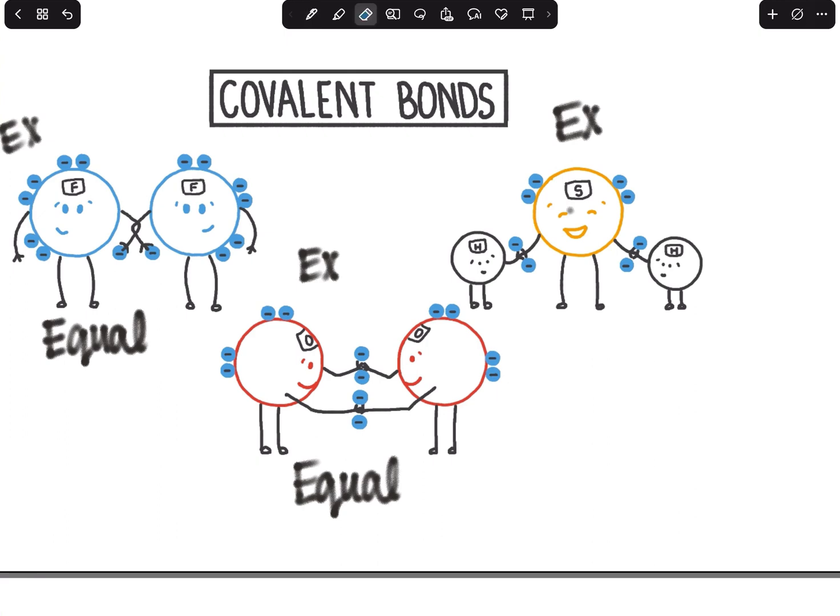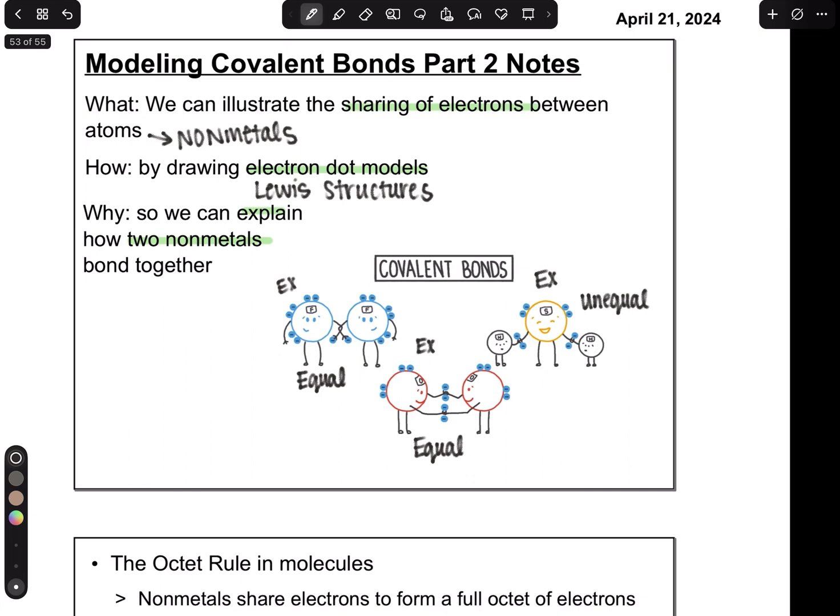And what I'm clearly seeing is that there is sharing going on, but sulfur has access to more electrons than the hydrogens do. In other words, there's an unequal amount of sharing going on. Sulfur just simply has more electrons at its disposal than the hydrogens do. And that happens, but we need to know how to draw a dot model illustrating that. So that's really going to be our focus for this lesson.